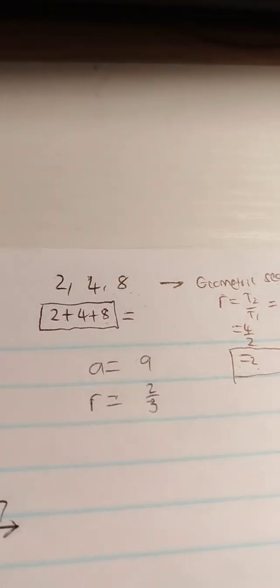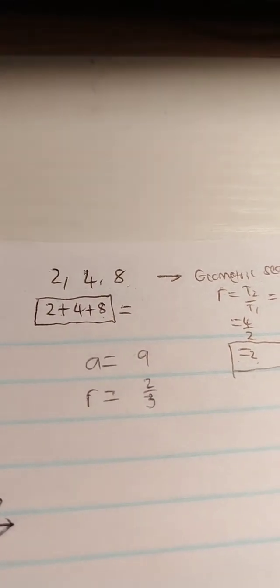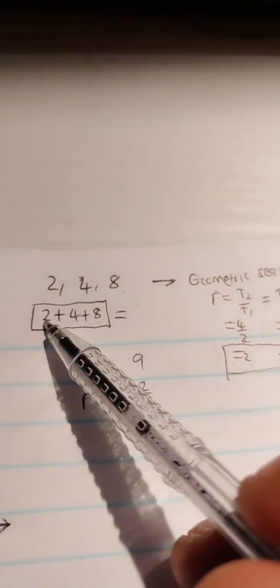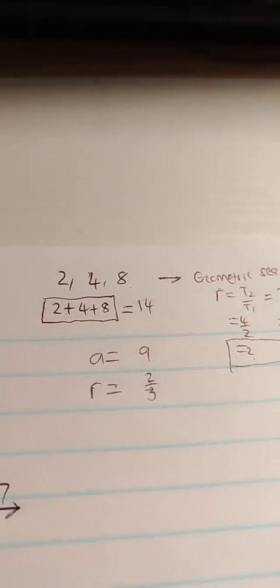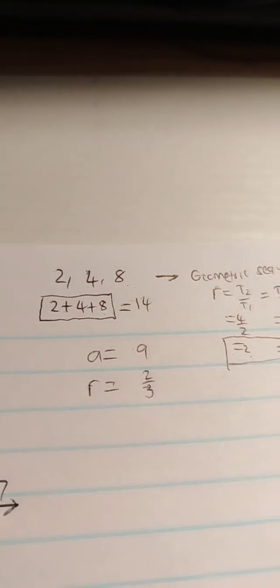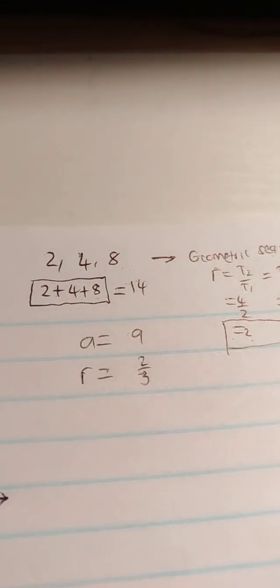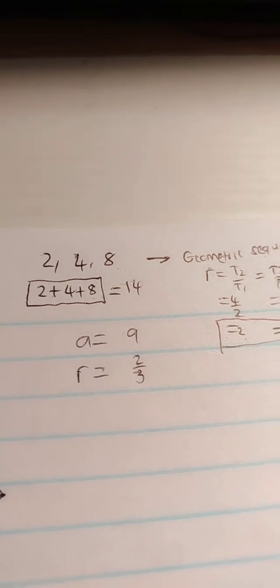So for these 3 terms, the sum is 14, just for the first 3 terms, right? Because I'm adding them. So guys, a series is simply a sum of a particular sequence.